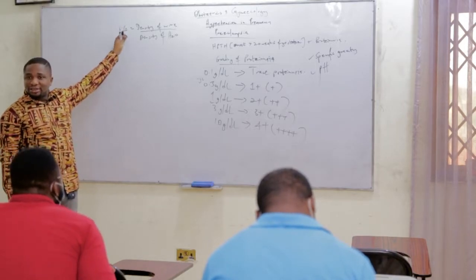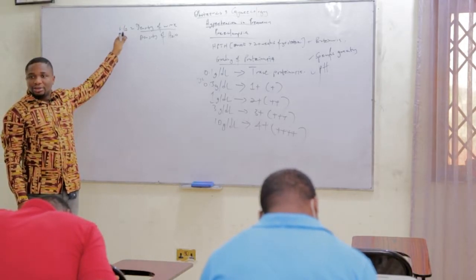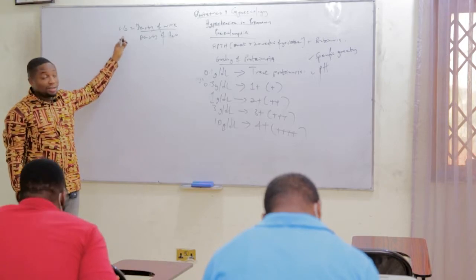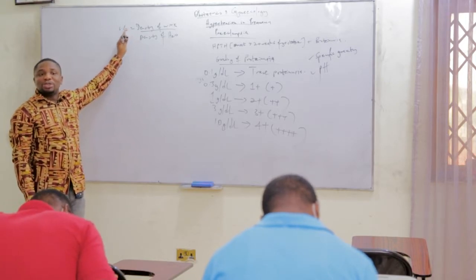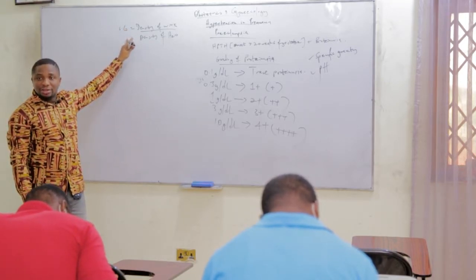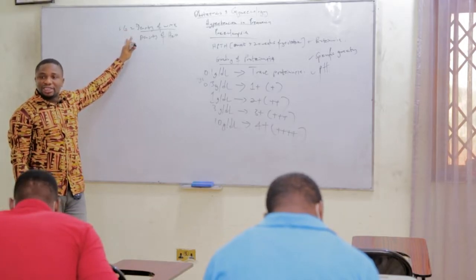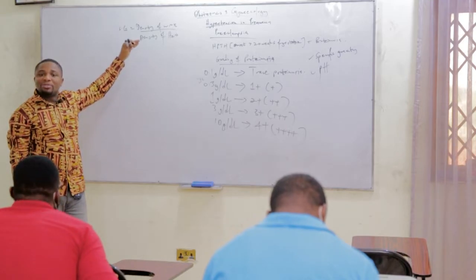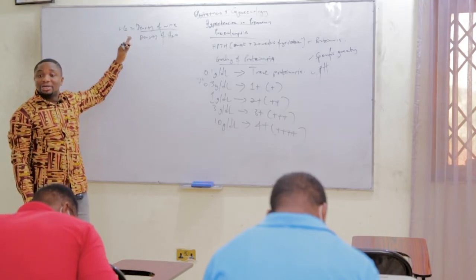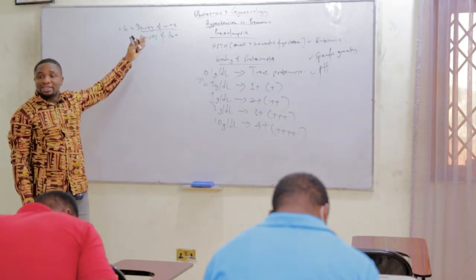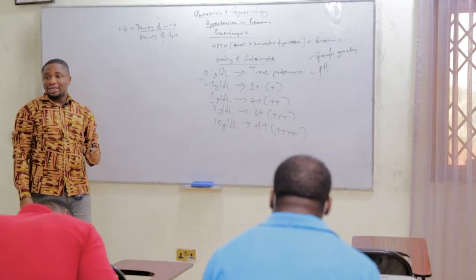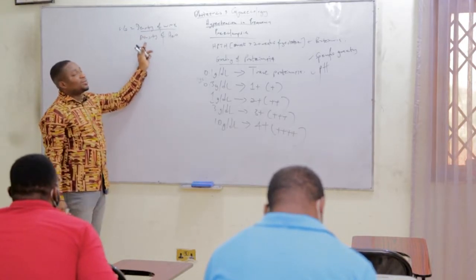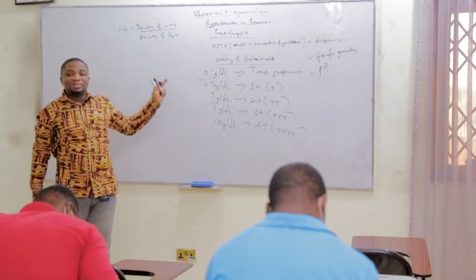Those of you who read integrated science, which I know everybody should have read, you would come across what we call specific gravity. The physics aspect of science. Specific gravity is more of a relative density. Relative density of what? The substance over the density of what? Water. So in this case, if the quantity of water is going high, what will happen to the specific gravity?